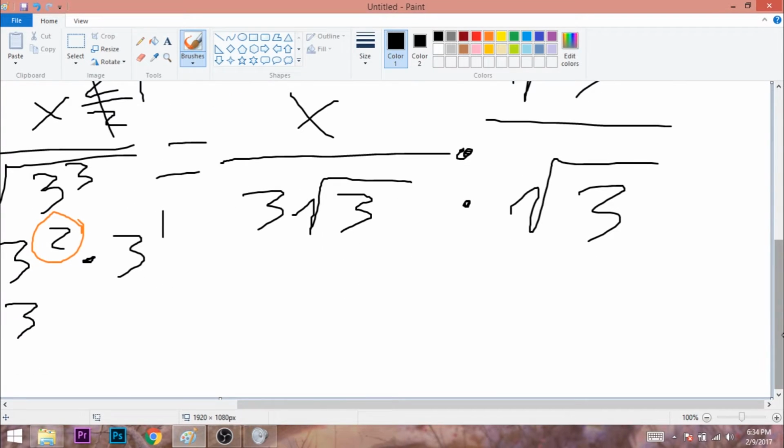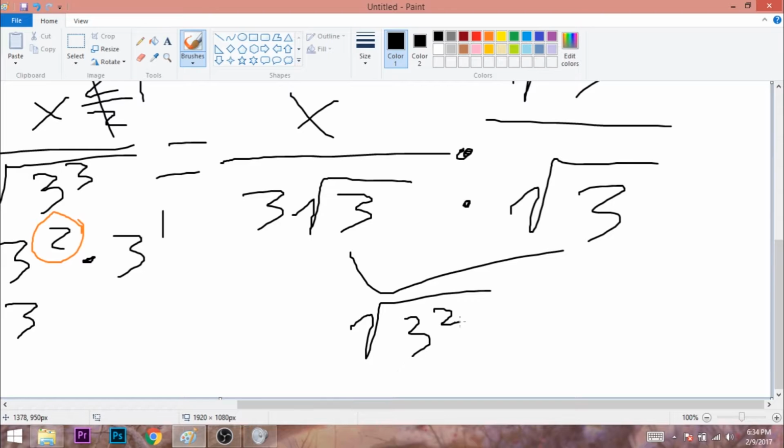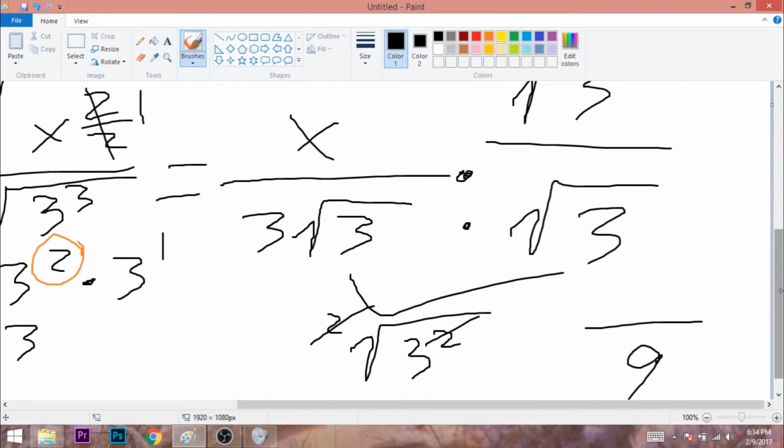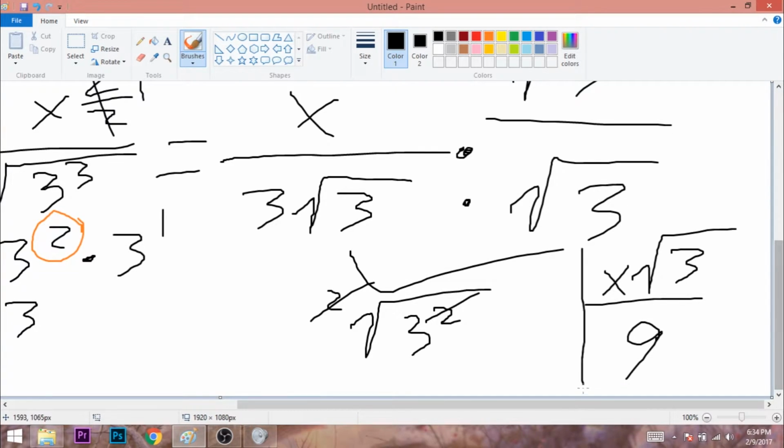And we're going to get, what is the square root of 3 times 3? Which is the square root of 3 squared. And the 2's will cancel out, obviously. And you'd be left with 3. So 3 times 3 is 9. On the top, we're going to have x times the square root of 3. And that's going to be our final answer.